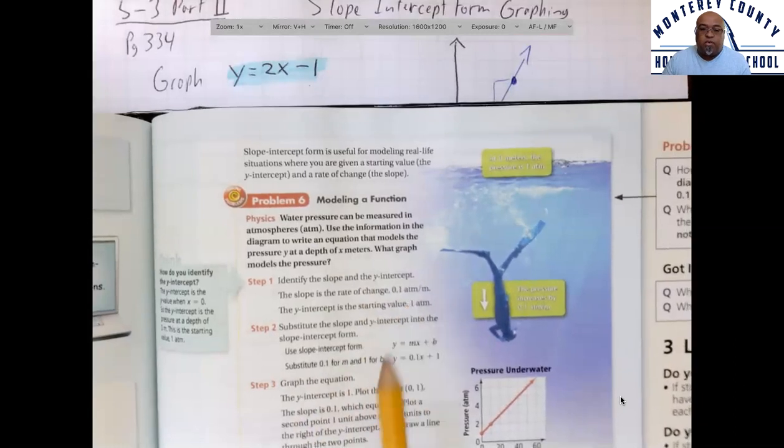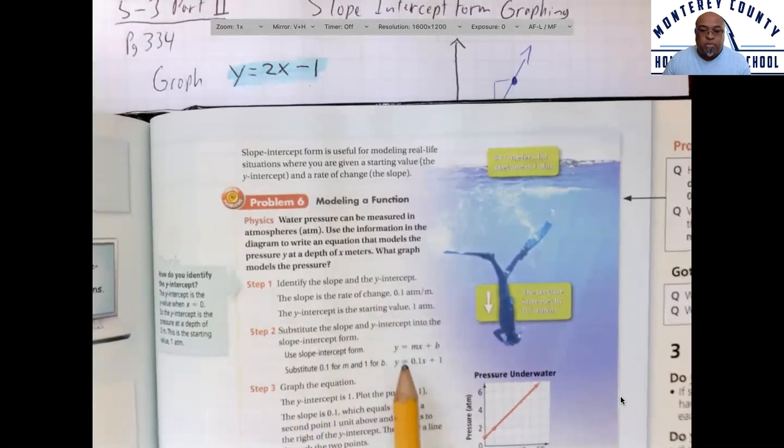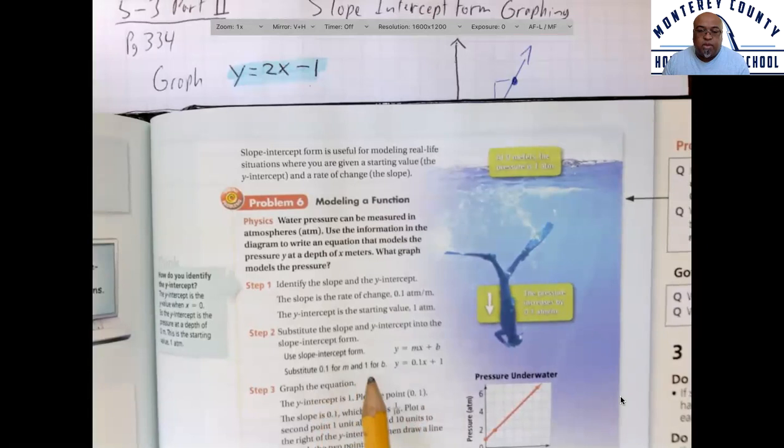But when you put it in a graph, then it becomes the slope. So rate of change and slope are the same thing in essence. If you have a question where there's a rate of change, you can substitute it in as the slope for graphing. And then substitute 0.1 for m and 1 for b.